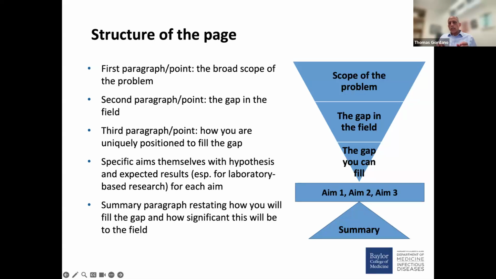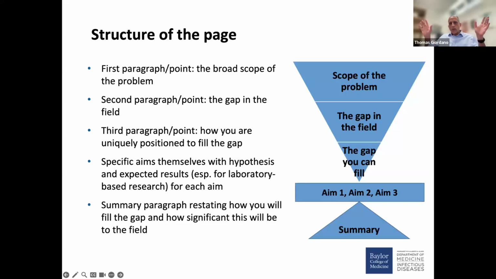And this is where you really need to be very succinct and very compelling. How are you uniquely positioned to fill that gap? We have preliminary data. We have a great team, a multidisciplinary team. This is our idea.